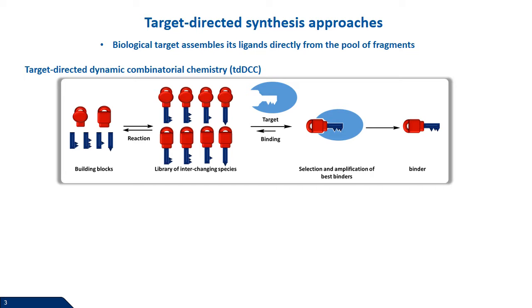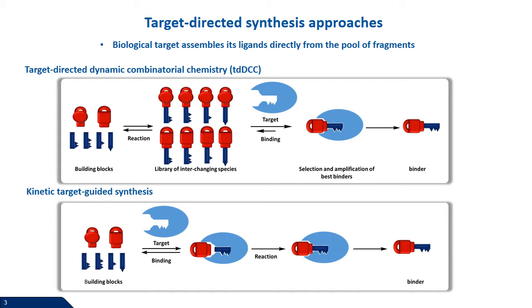The addition of external stimuli like a target protein can alter this equilibrium, and a change in the composition of this library occurs. In target-directed DCC, the target protein can select its own binder and favors its formation over the non-binders, thus resulting in their amplification in the library pool.